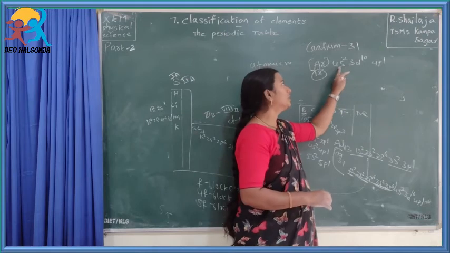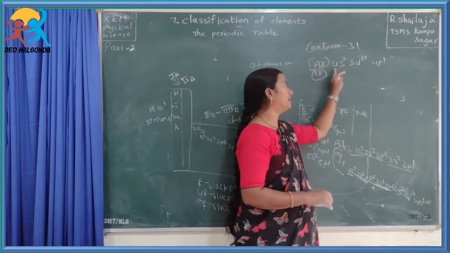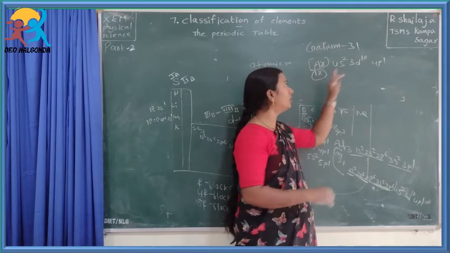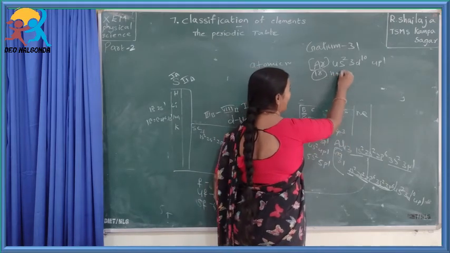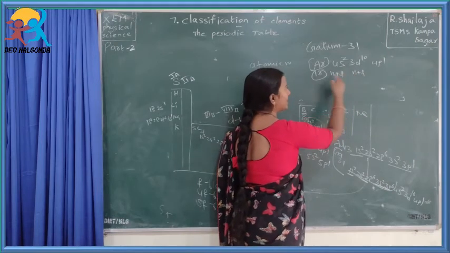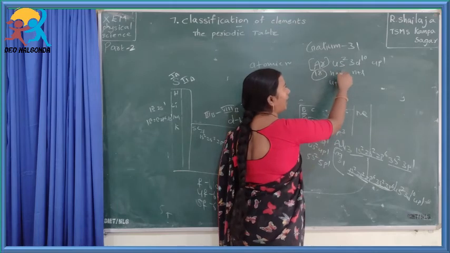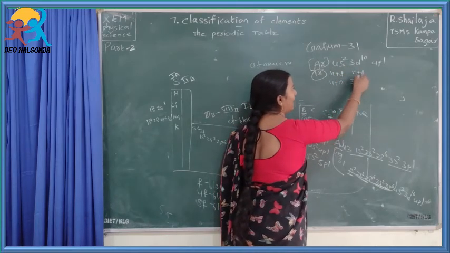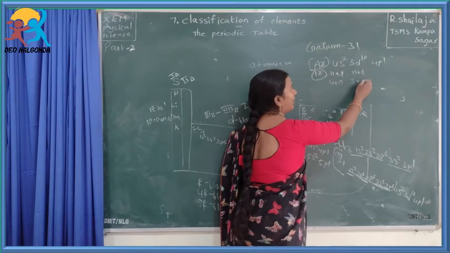Next one. Here 4s and 3d10. Of these two, which is the lower energy orbital? 4s. How can we know? By using the n plus l value in the Aufbau principle. Here n is the shell number 4, s orbital l value is 0; for 3d, n equals 3 and d orbital l value is 2.